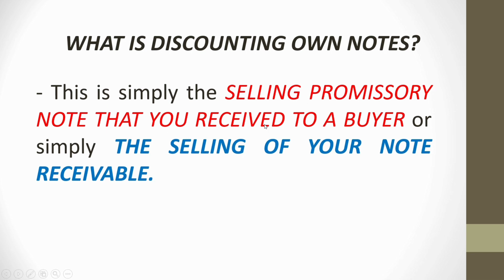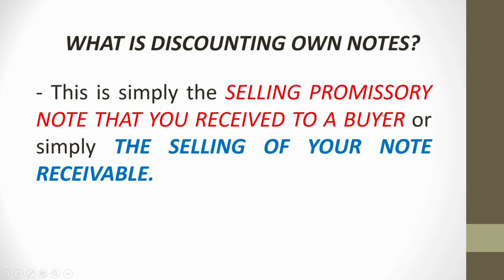That someone can be a bank or other financial institutions, and they will then give you money. But the money that you will receive is already discounted, or lesser than what you are supposed to receive, which is logical because the buyer of such receivable needs to earn from the transaction.